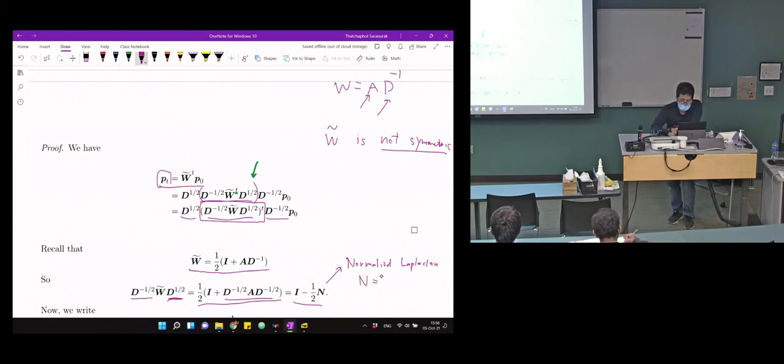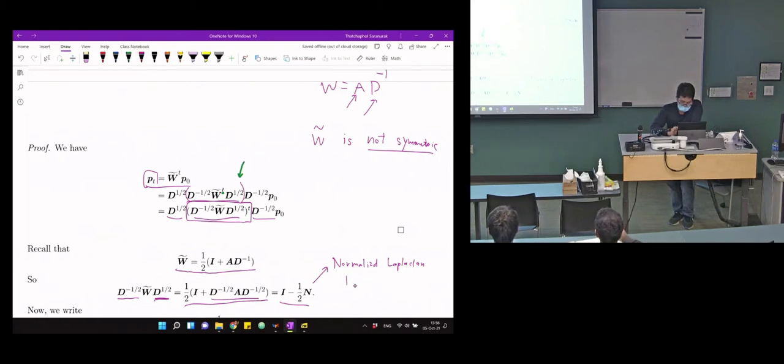So let's recall what N is. Maybe let me ask, what is the Laplacian? This is N, this is L. L is just D minus A, right? And N is the normalized Laplacian, which is I minus this thing.